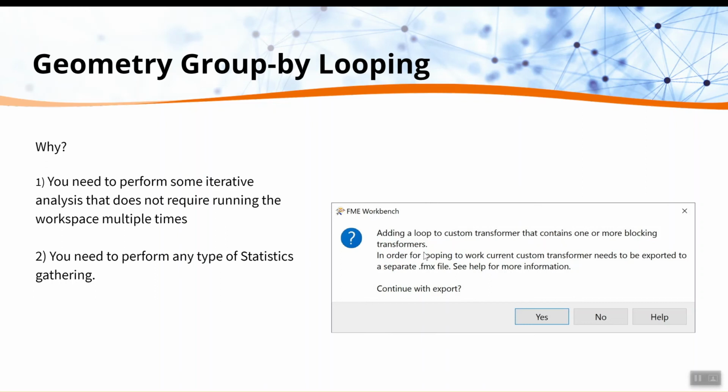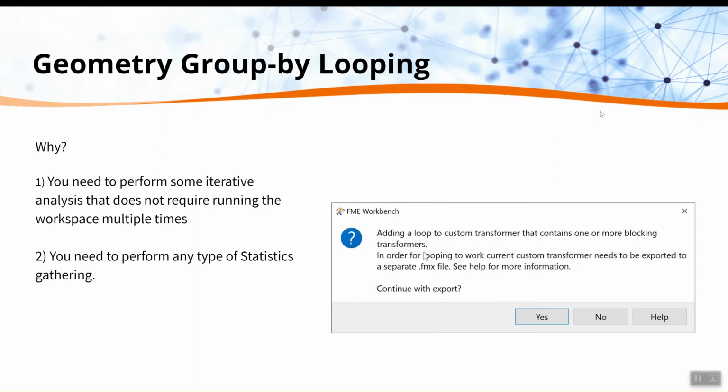And I could keep running through that loop until I reach that correct density value that I'm looking for. Now, a quick gotcha, if you will, when it comes to using group by looping or any type of blocking transformer within a loop is that as soon as you add a blocking transformer, FME will ask you to export that transformer as an FMX file, which you'll see here in the dialog on the right.